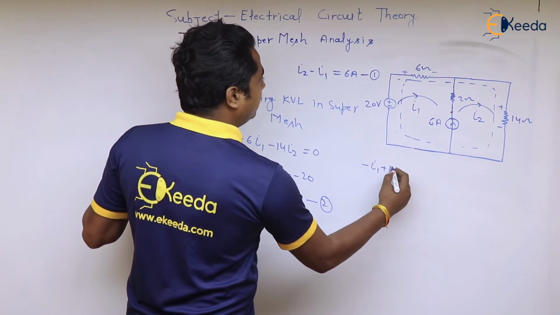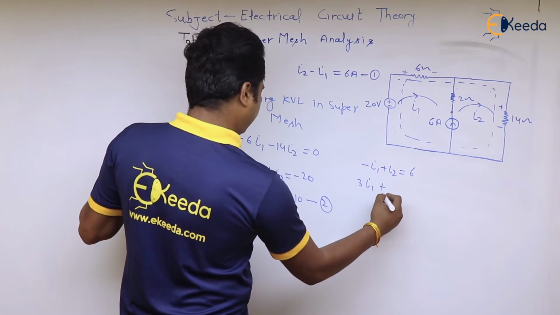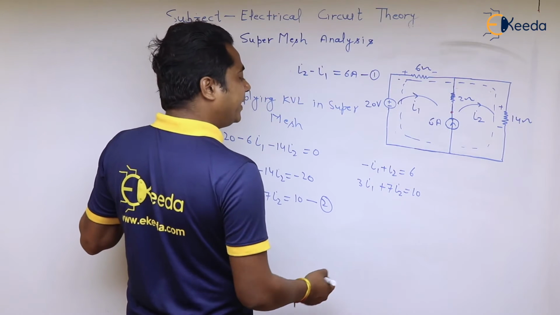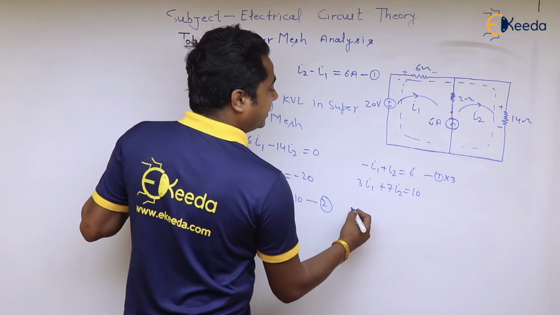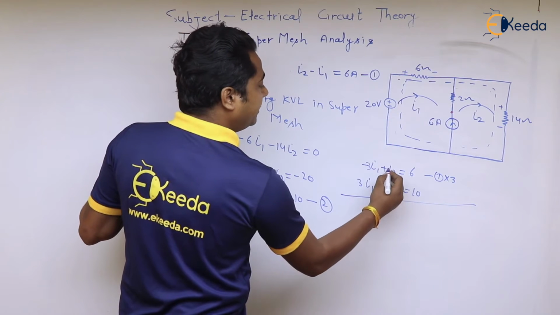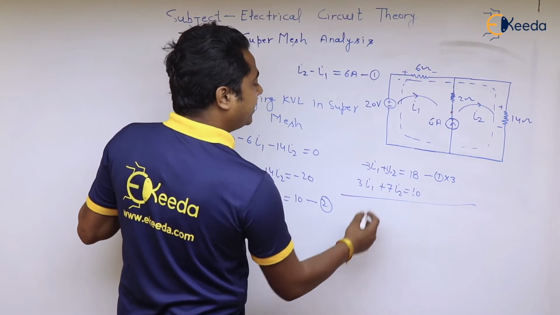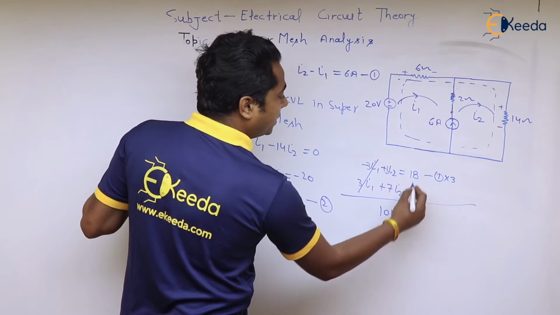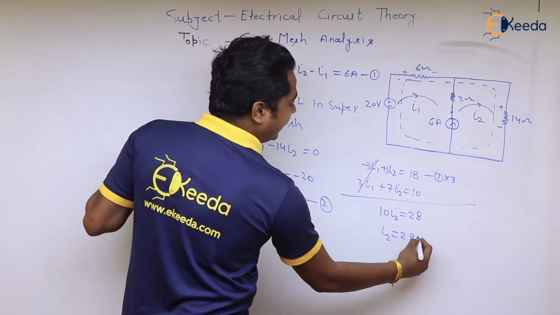Minus I1 plus I2 is equal to 6, and 3 I1 plus 7 I2 is equal to 10. We can multiply equation number 1 by 3 and then add. Minus 3 I1 plus 3 I1 cancels out, 6 times 3 is 18, and 7 plus 3 is 10 I2, equal to 18 plus 10, which is 28. The value of I2 comes to 2.8 ampere.